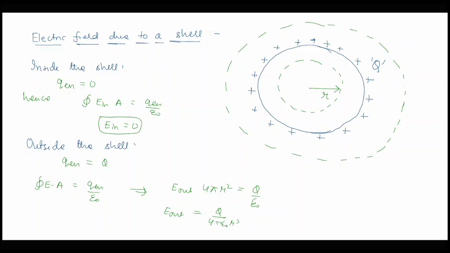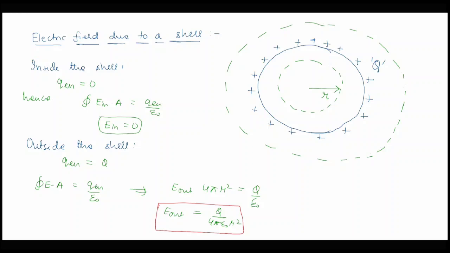Outside the shell it behaves as if a point charge Q is placed at the center of the shell, so the value of electric field is just like a point charge, that is kq by r square, with the charge placed at the center of the shell.